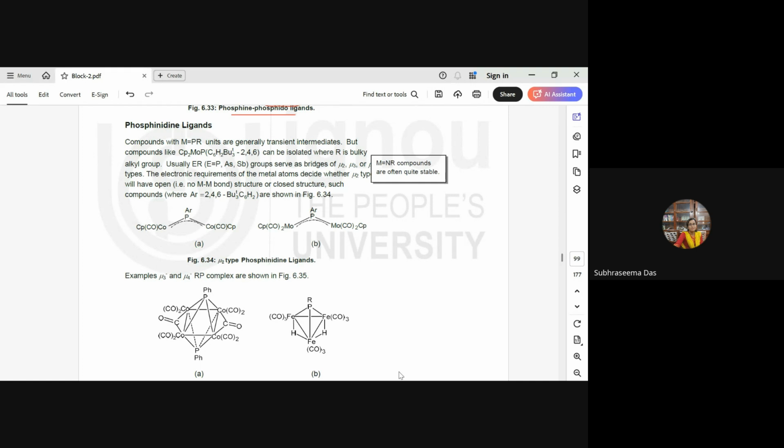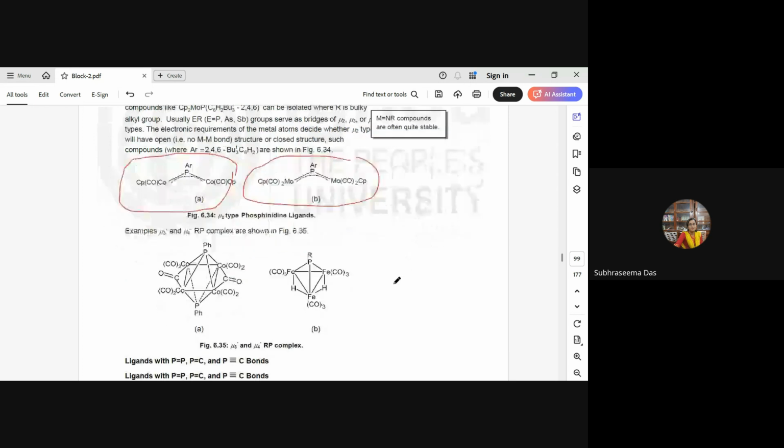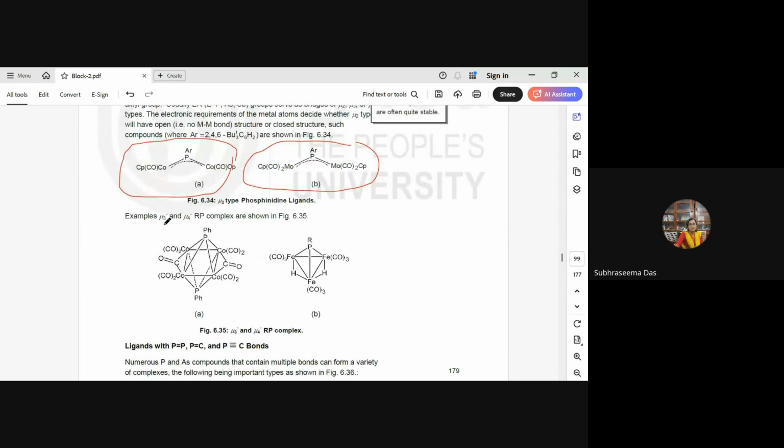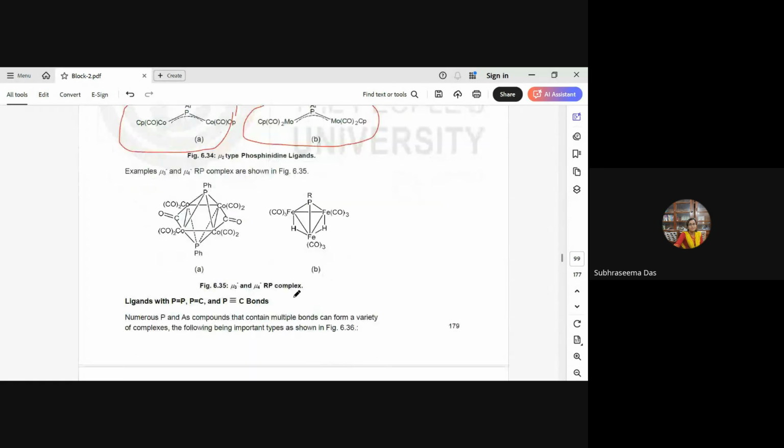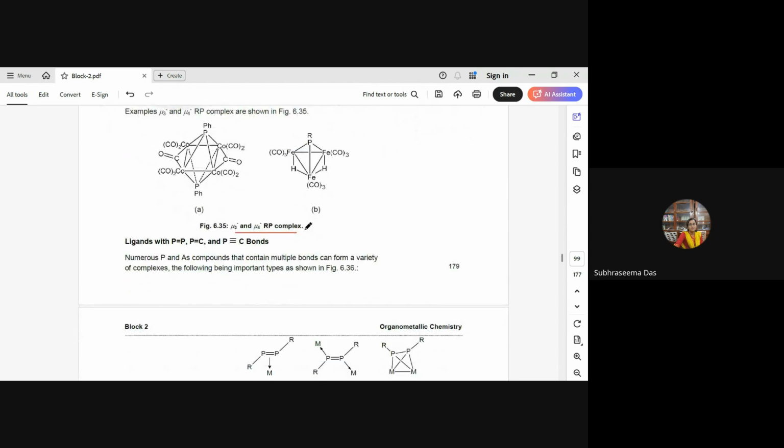This is a phosphinidene ligand. This is an example of a phosphinidene ligand of the mu2 type, that is, a bridging ligand, shown here. Some examples of mu3 and mu4 complexes are shown in figure 6.35. You just have to remember the types of phosphine ligands and the different examples of the complexes formed by such phosphine ligands.